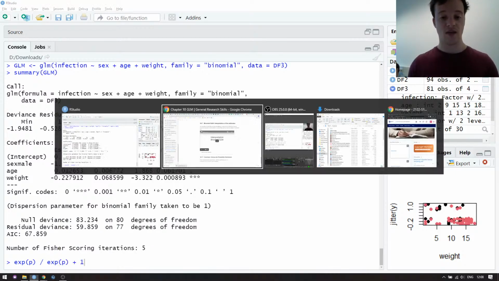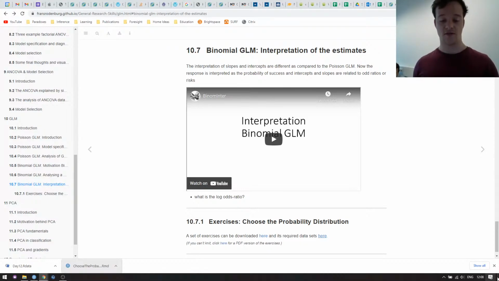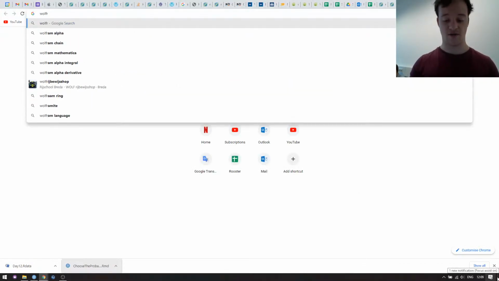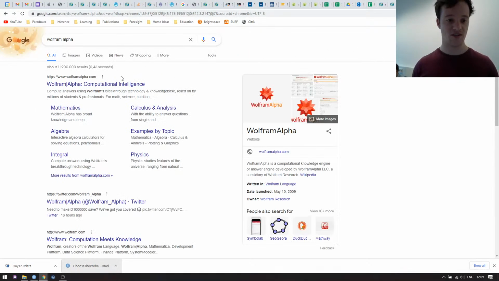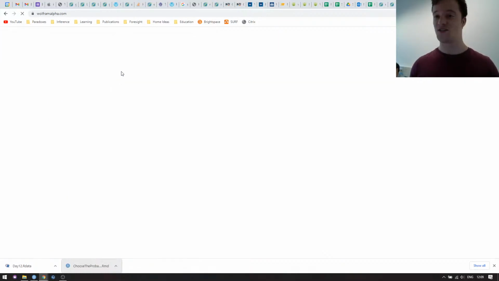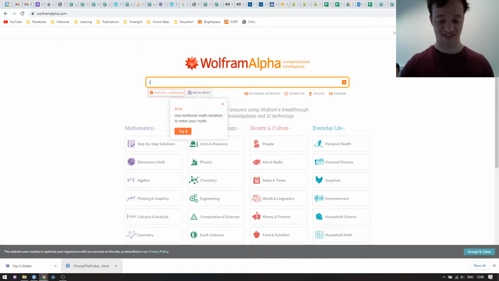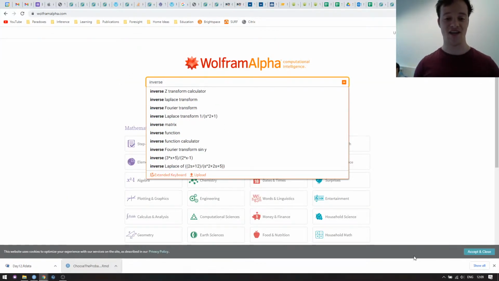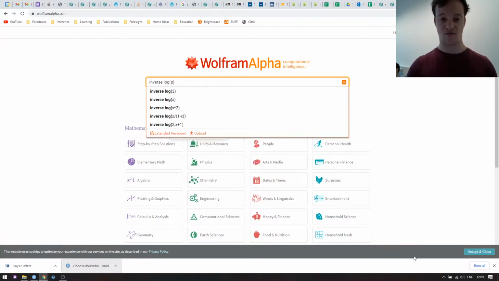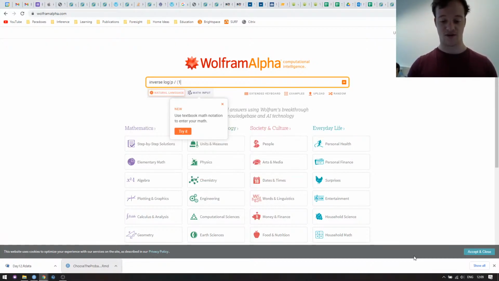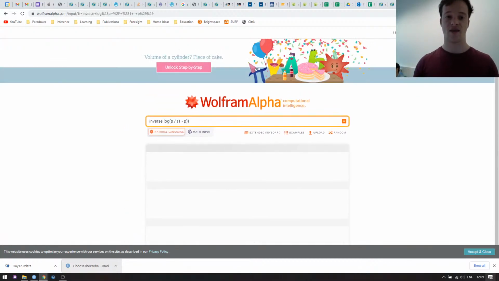Let's check. So, how would you find this if you didn't know? There's a great site called Wolfram Alpha, which is a computational knowledge engine. This will do math for you, which is really nice. So, we just ask for the inverse of the logit transformation, and the logit was the log of p divided by 1 minus p. Again, not part of the course, just showing you how you can do it.